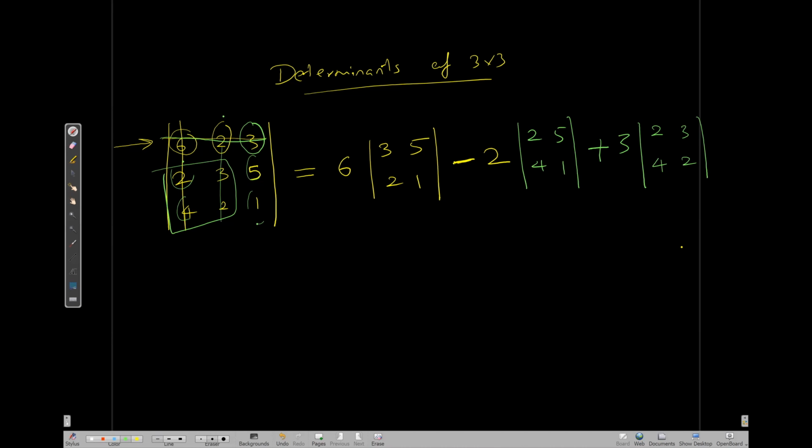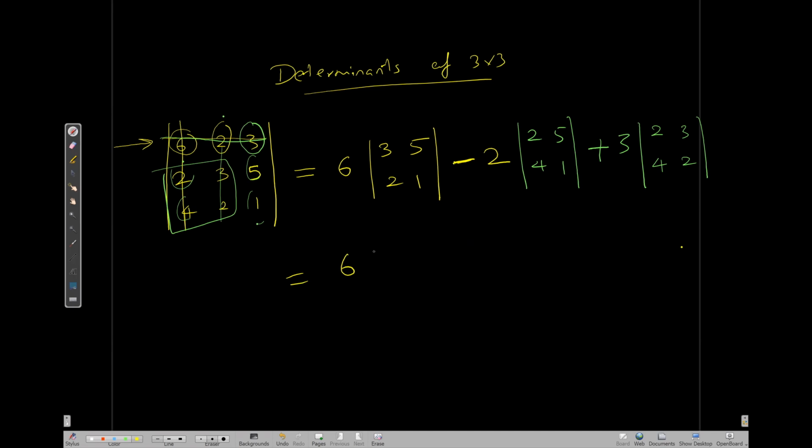That's how we find the determinant. Remember, this plus minus pattern will keep going. If you have a 4 by 4 or 5 by 5, this is the case, and like that. There's a reasoning behind that, which we will talk about in a minute, but let's find this first.